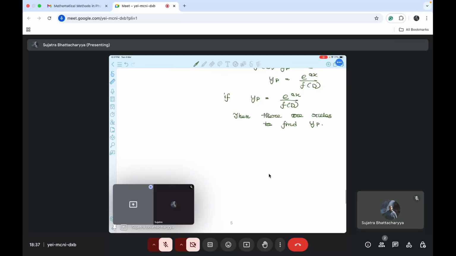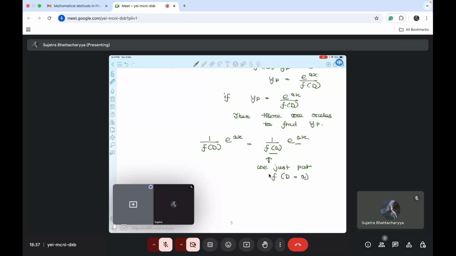So 1 upon f of D e to the power ax can be written as 1 upon f of a e to the power ax. We can just write yp as 1 upon f of a e to the power ax. So here we just put D is equal to a.